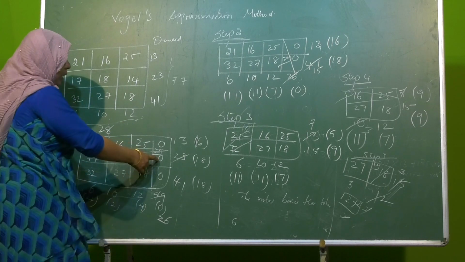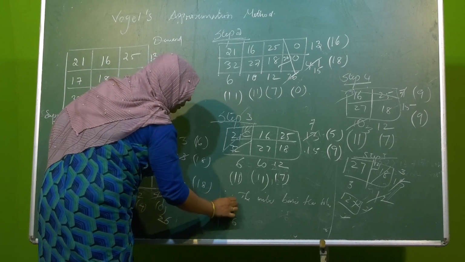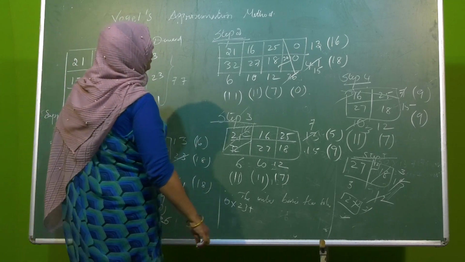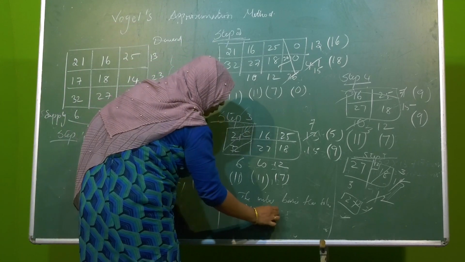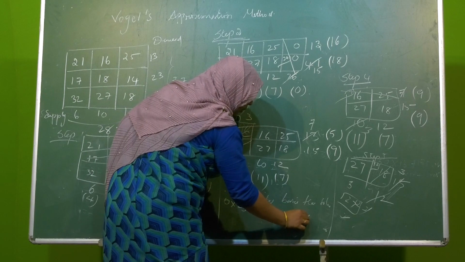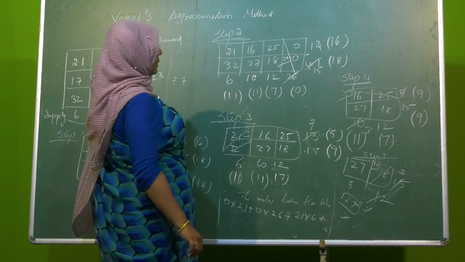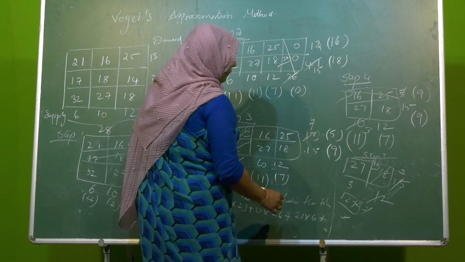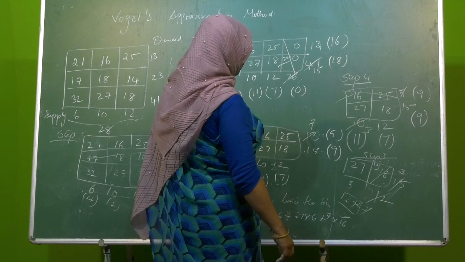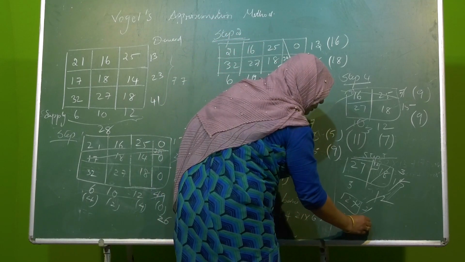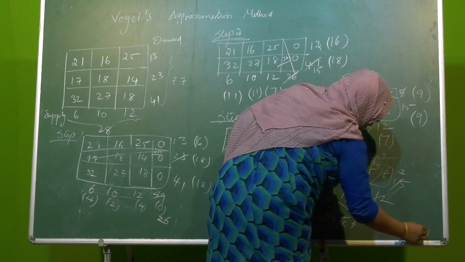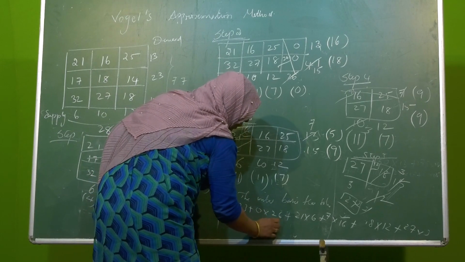So first 0 into 23 plus 0 into 26, 21 into 6 plus 7 into 16 plus 18 into 12 plus 27 into 3. The answer is 440.